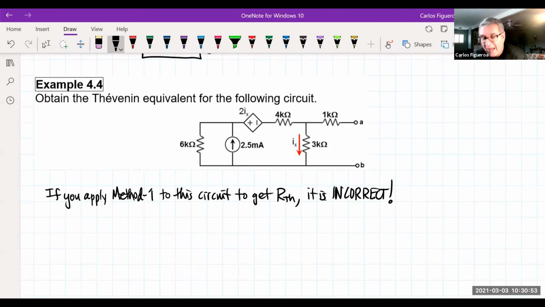You cannot do it for dependent sources. You can only use method 1 for independent sources.